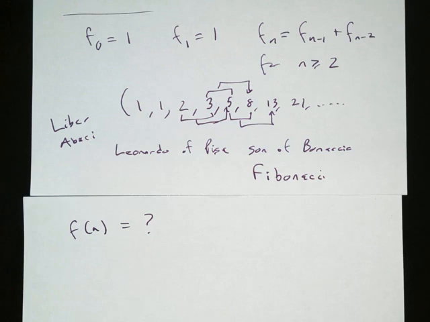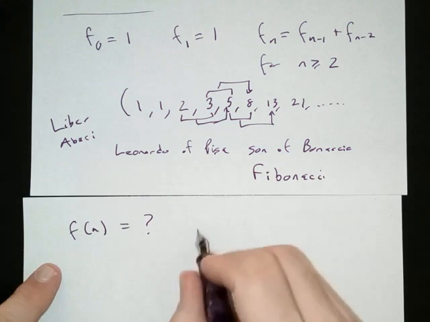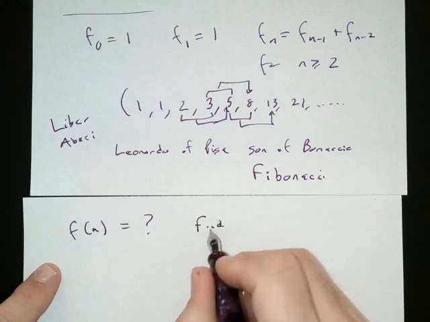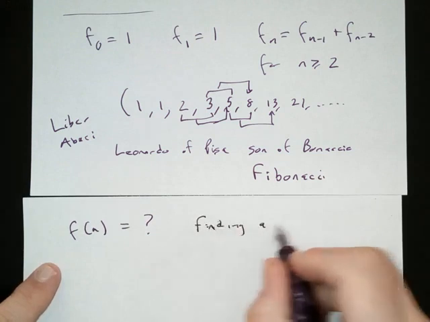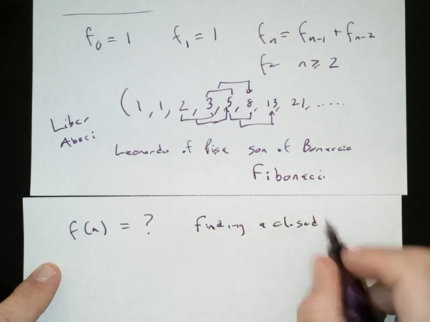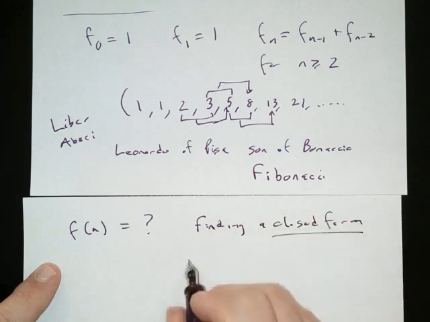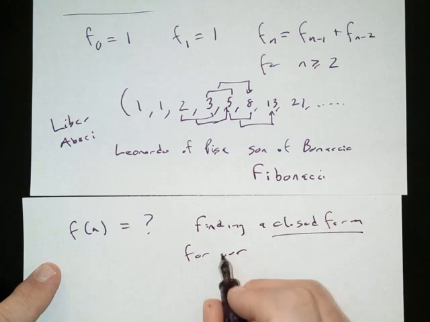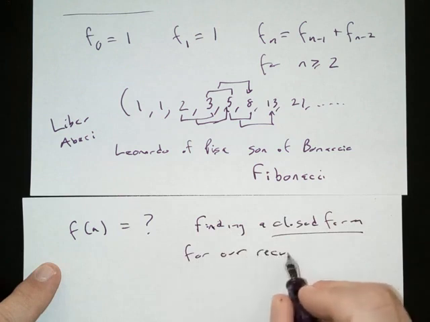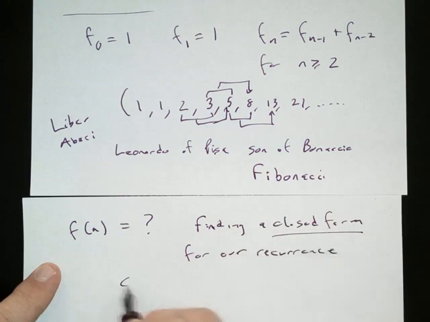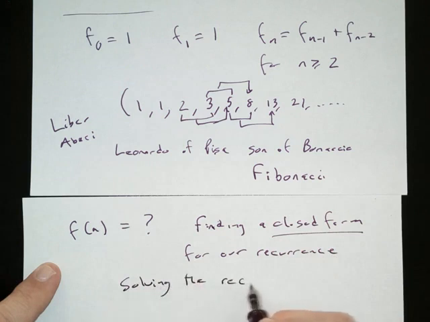Finding that formula is called finding a closed form for our recurrence. It's also called solving the recurrence relation.